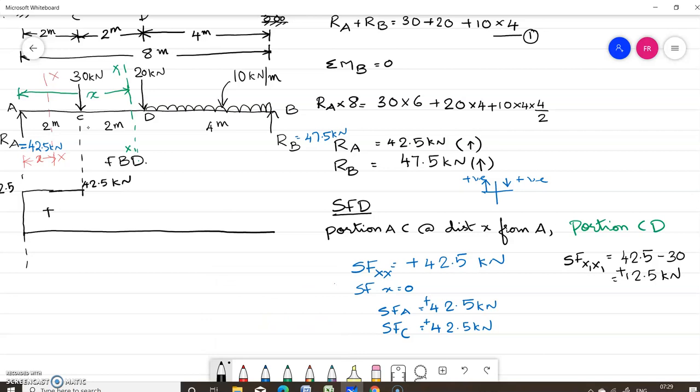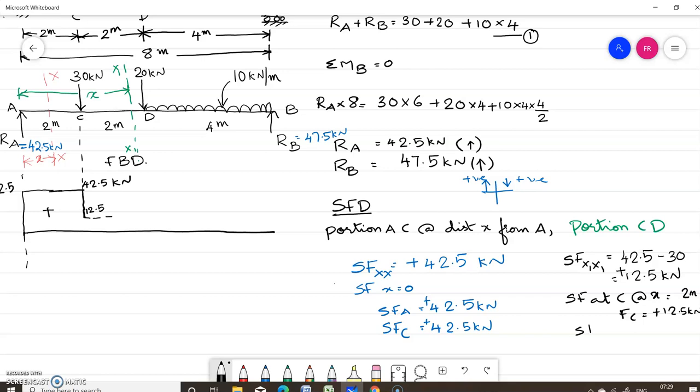So we can draw this shear force diagram. Continue the shear force diagram like this. At this point it becomes 12.5. So this value is 12.5. Now this remains constant up to the point. So this is shear force at C, that is at x equal to 2 meter. Shear force at C equal to plus 12.5 kilonewton.